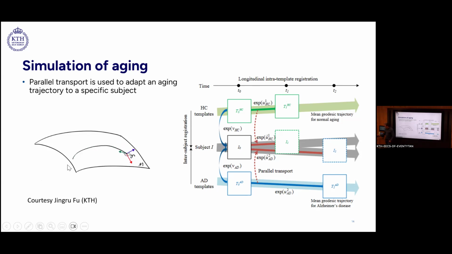You can see a visualization of this parallel transport here: this is the template, and here you have the subject in this manifold. Basically you move these deformation fields so that they fit the space of this subject. So this is more or less what we did.